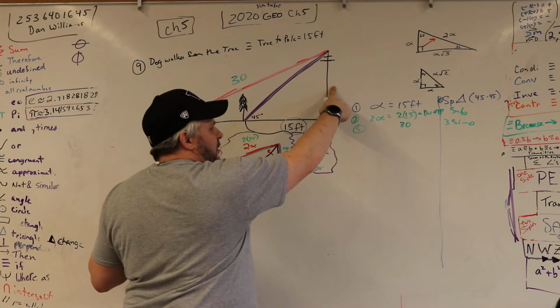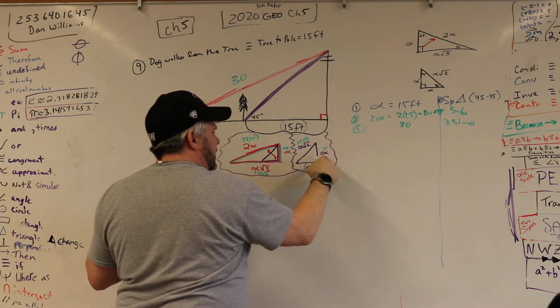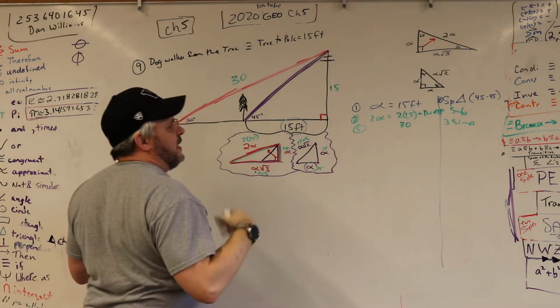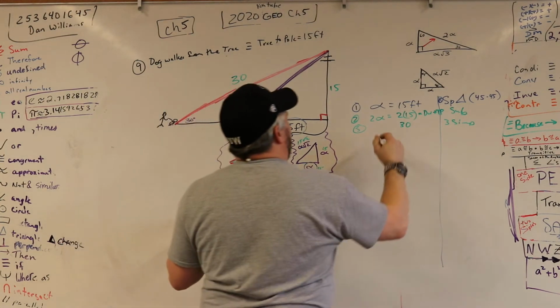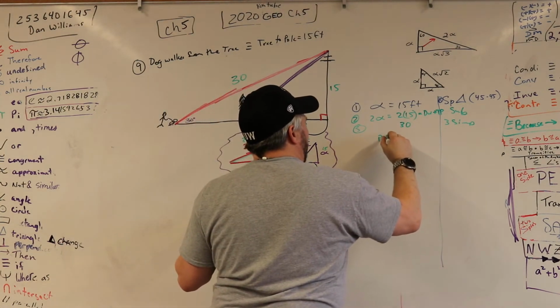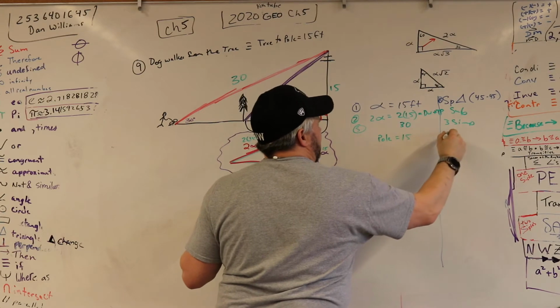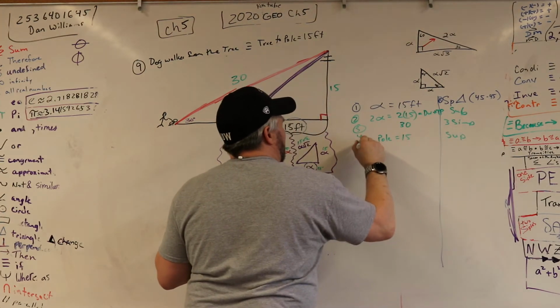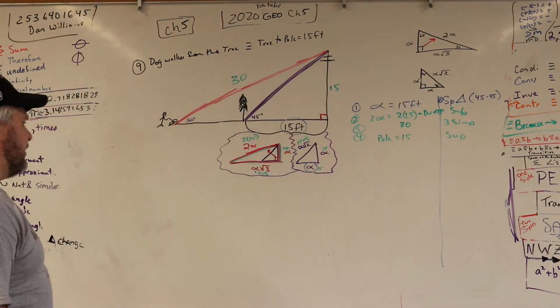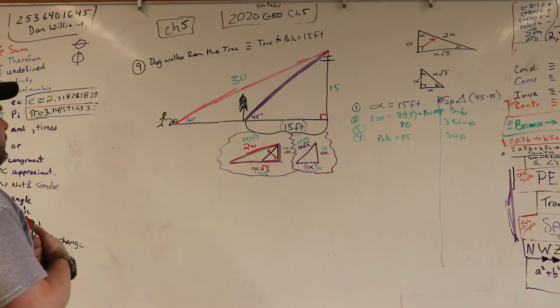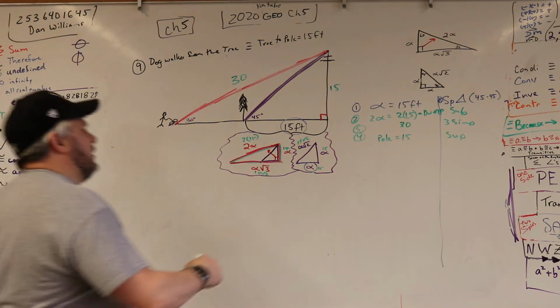And what's the pole? That has to be 15. Again, substitution. So the pole is equal to 15. What else? The rectangle, maybe 45.